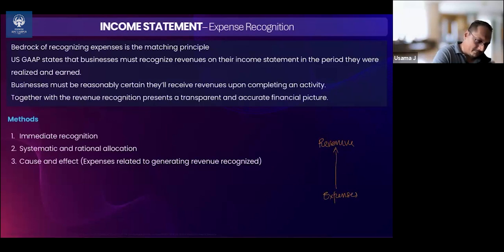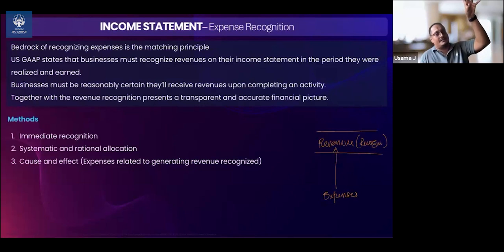And we have just now completed the revenue recognition, right? Based on whatever those criteria, we recognize our revenue, and whatever the costs which are necessary to generate that revenue must be recognized. Matching. We are matching the revenue with the cost.